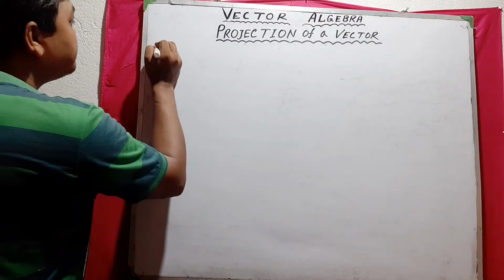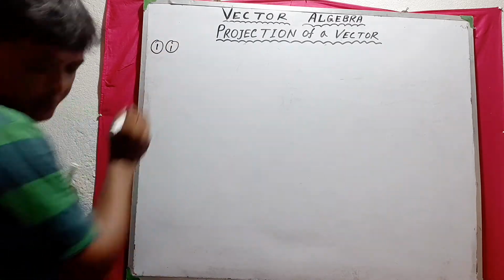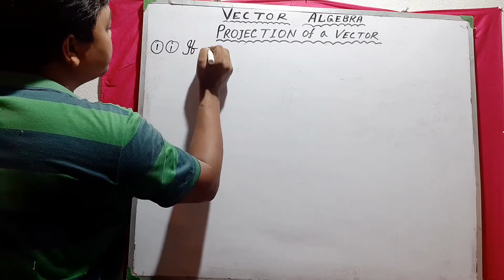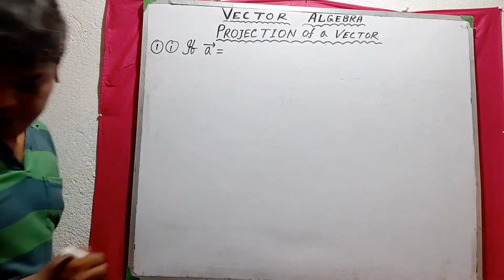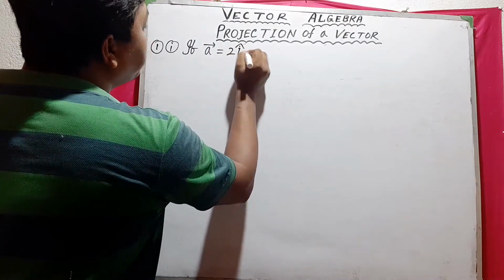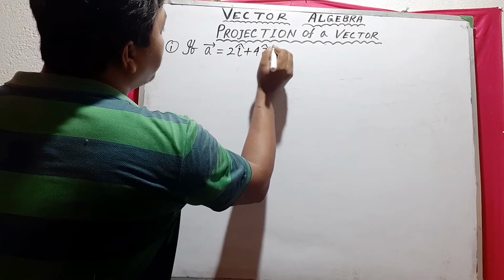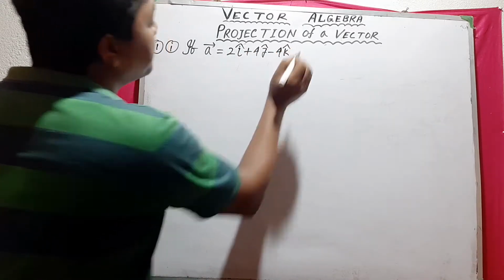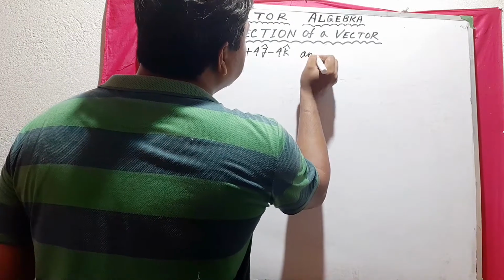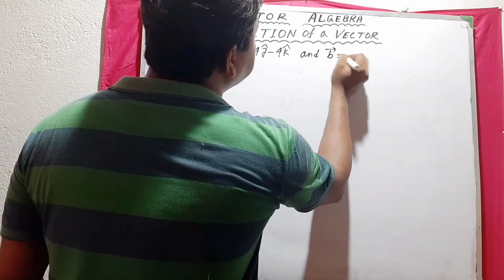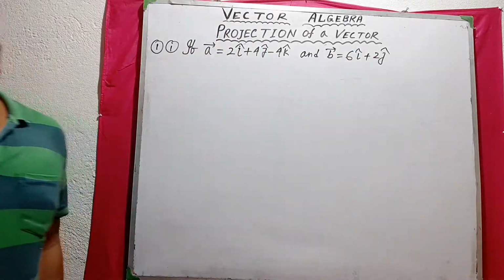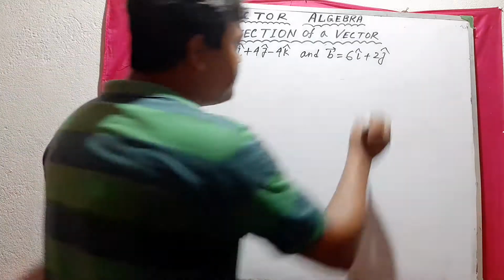Number 1. If A vector equals 2i cap plus 4j cap minus 4k cap, and B vector equals 6i cap plus 2j cap minus 3k cap.